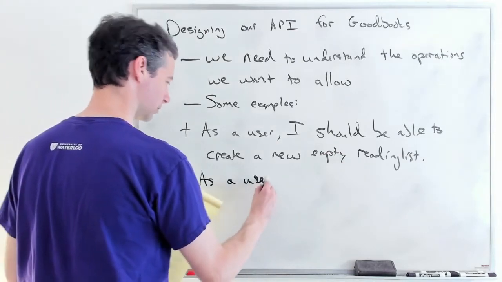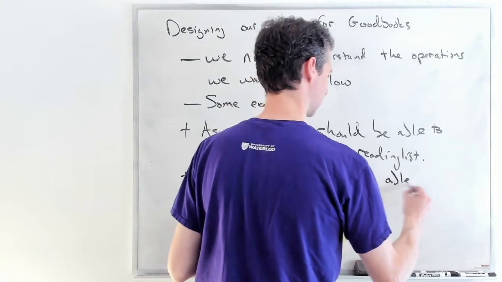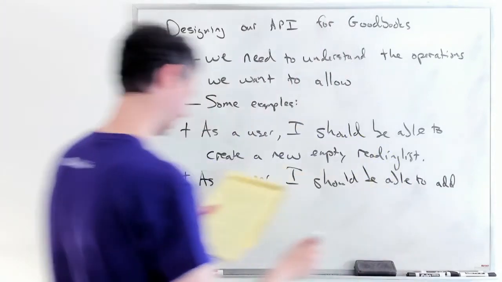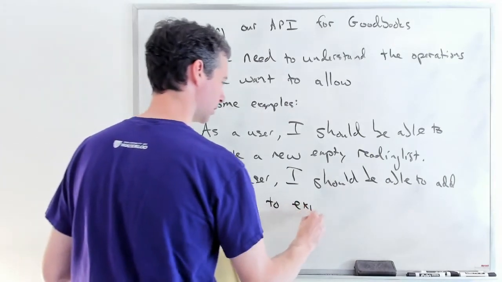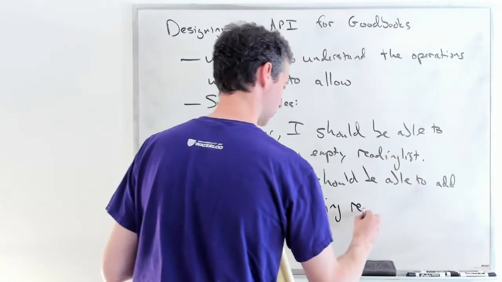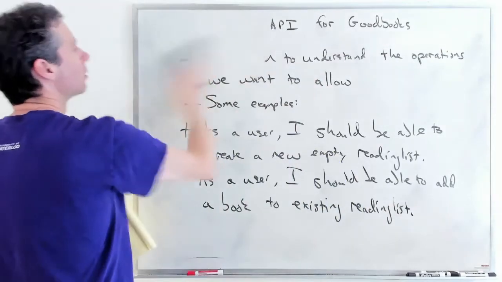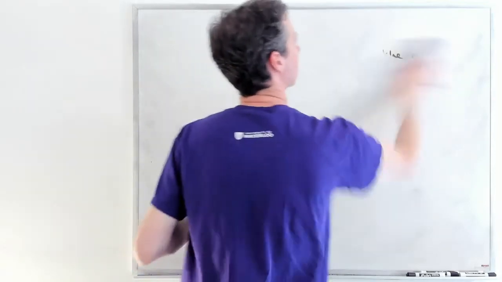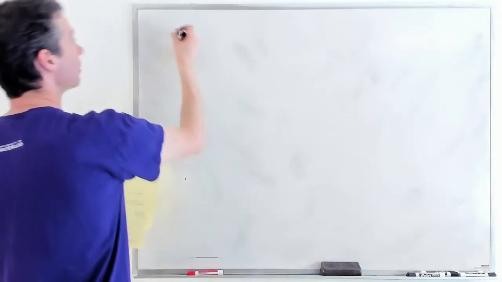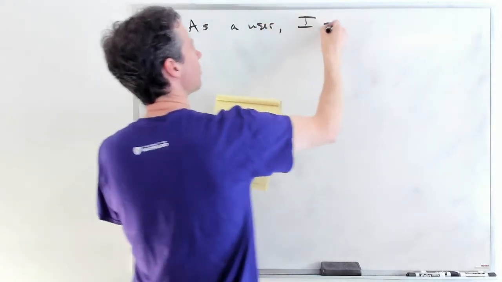As a user, I should be able to add a book to an existing reading list. All right. This can go on and on. Likewise, as a user, I should be able to rate a book.